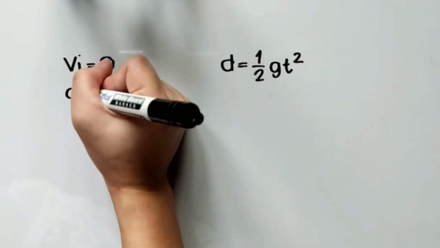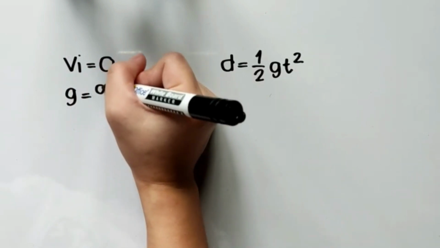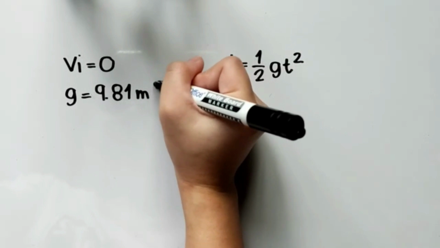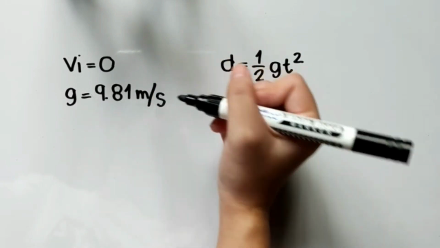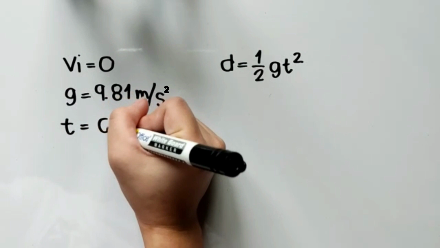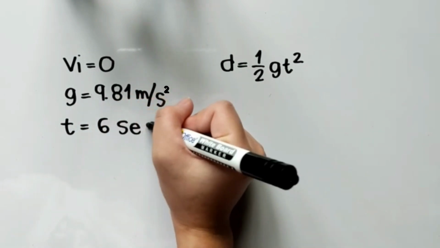We all know that gravity is equal to 9.81 meters per second squared, and as we solved in the previous question, our time is equal to 6 seconds.